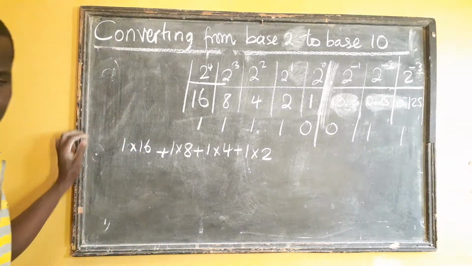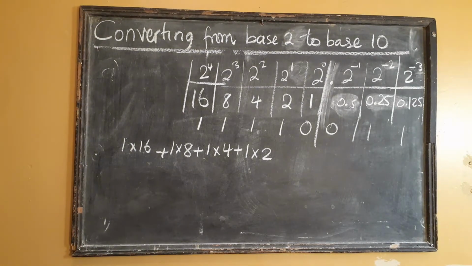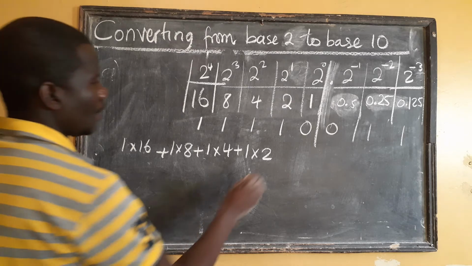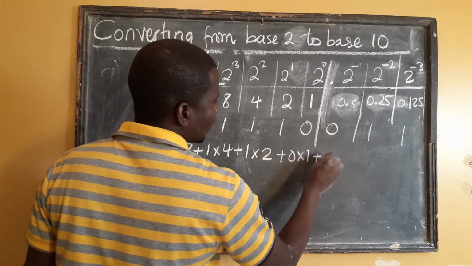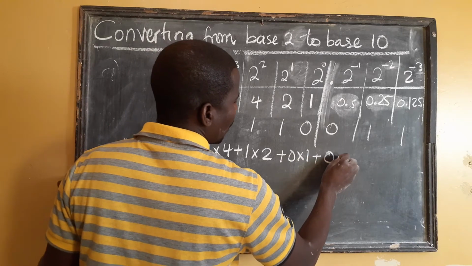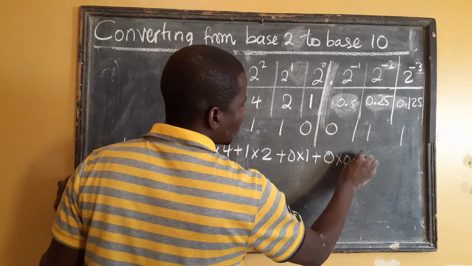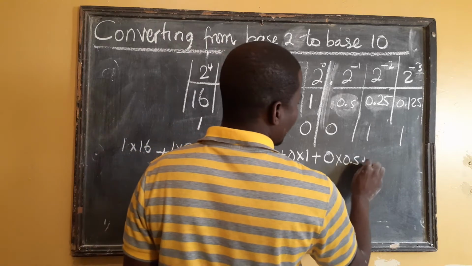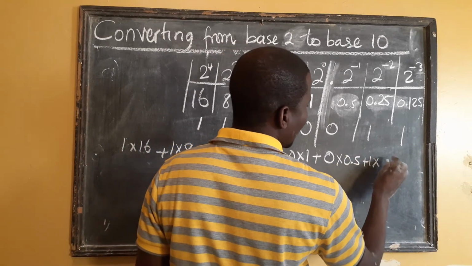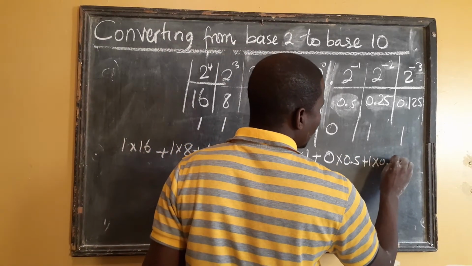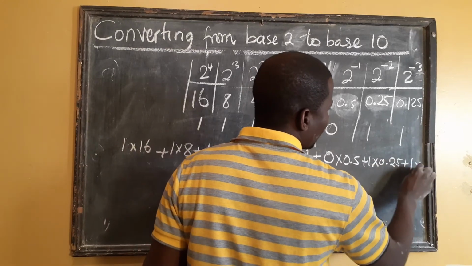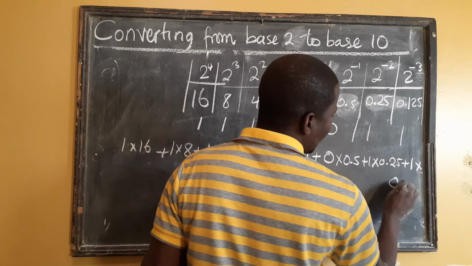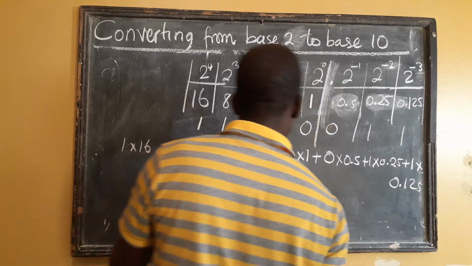Okay? So we move on. Plus 0 multiplied by 1 plus 0 multiplied by 0.5 plus 1 multiplied by 0.25 plus 1 multiplied by what? 0.125.